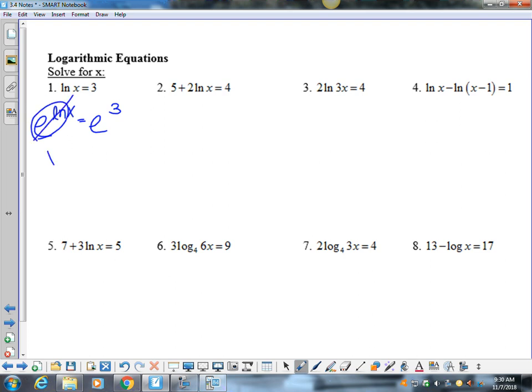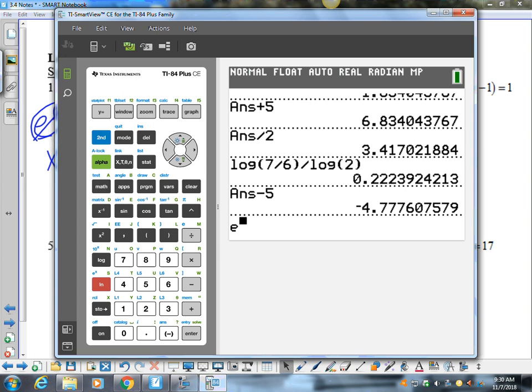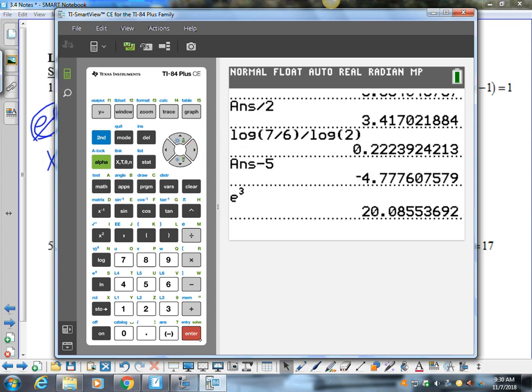That cancels and the x falls down. Now, don't we have an e button? So, e to the 3 is 20.086.